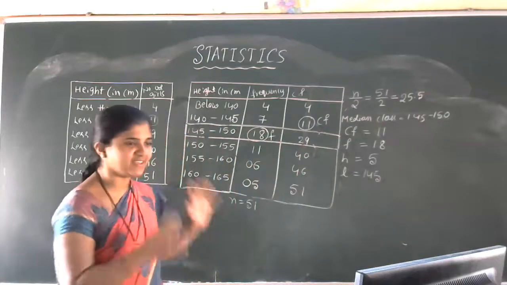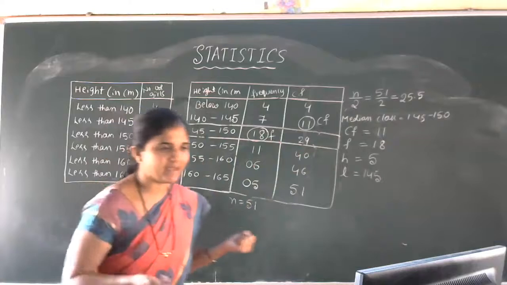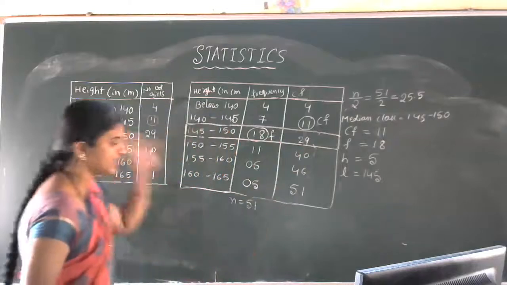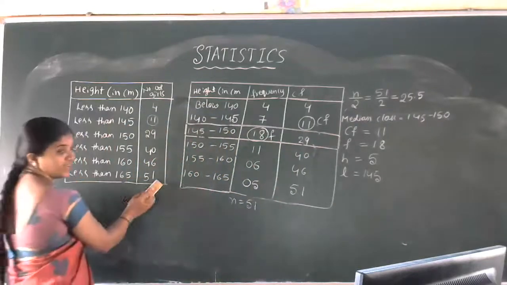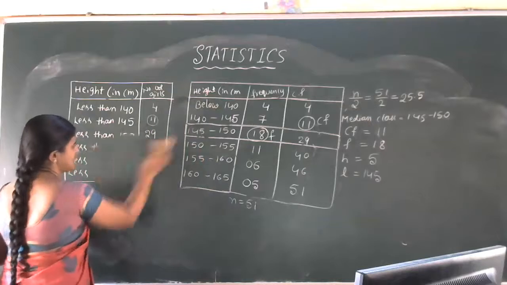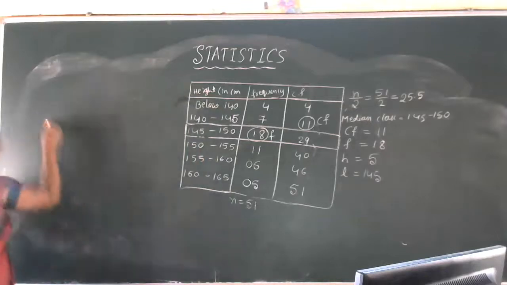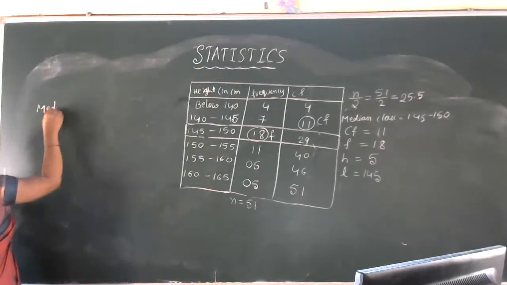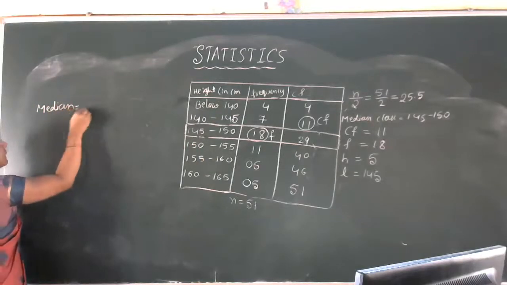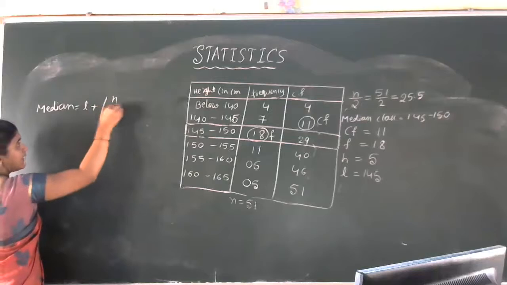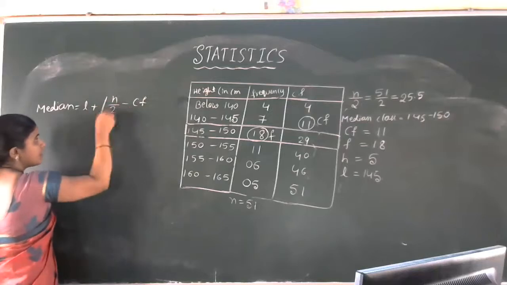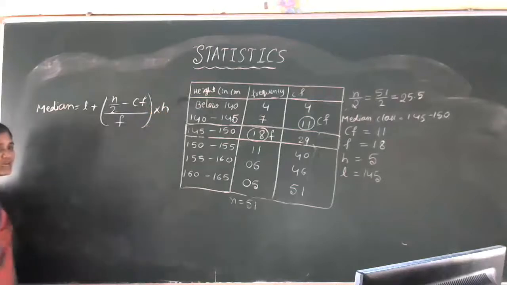Yes, everything is ready. Now we have to prepare food. The ingredients are ready. So can I erase this first question? Here we'll write the formula. Median is equal to L plus N by 2 minus CF divided by F into H. This is the formula.